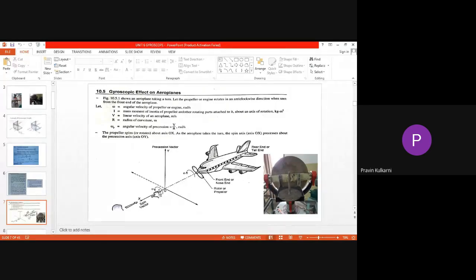Bend the fingers accordingly. Now focus on the thumb. And what you have to do, you have to rotate this either in clockwise or anti-clockwise. That we have seen. And that will give you the way in which the couple is applied.